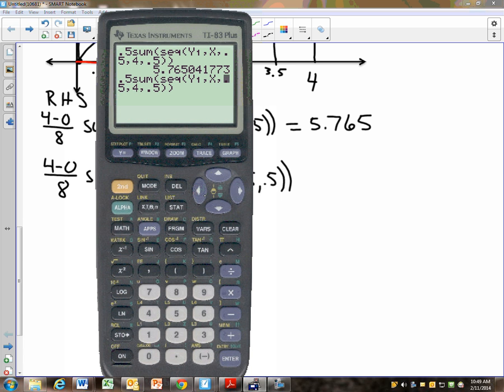Instead of 0.5, I just go 0, comma, 3.5, comma, 0.5, parentheses. That way I've got it all sorted through. 4.765.